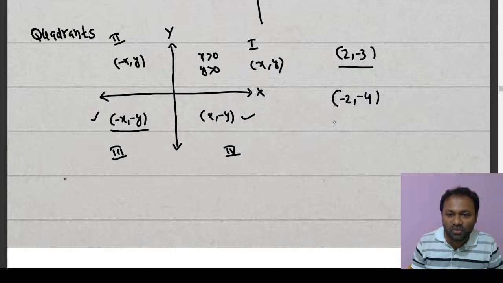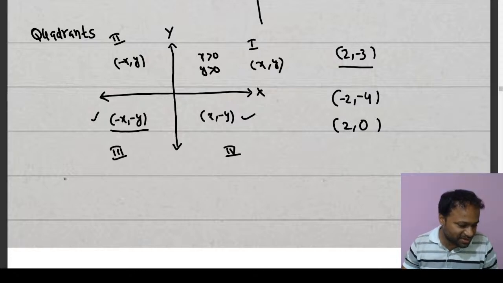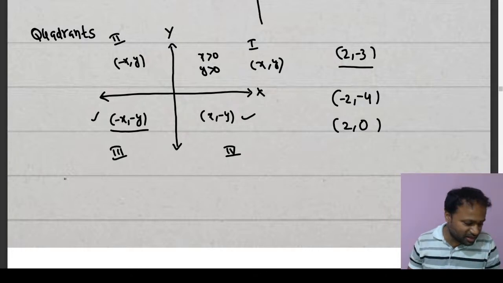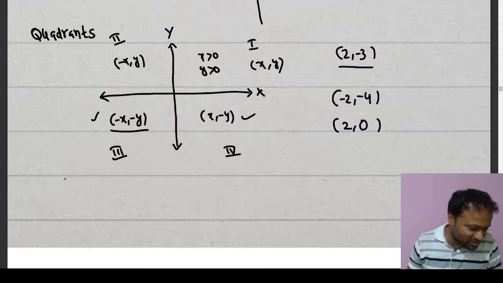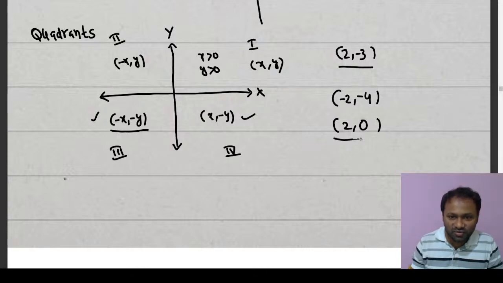Now one more question: where does the point (2, 0) lie? In which quadrant? Tell me the answer. Third quadrant is wrong, Ashwini, for (2, 0).